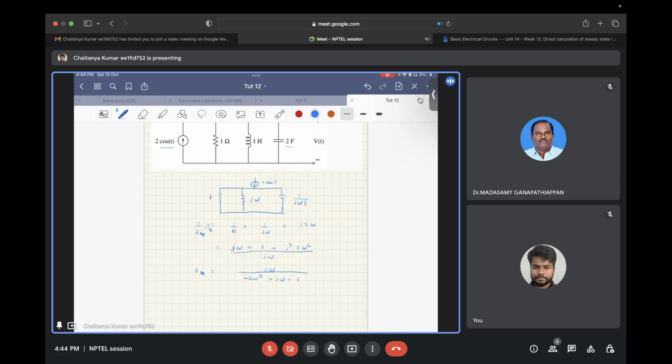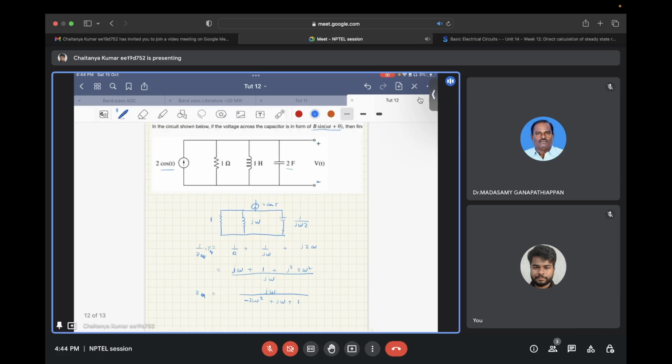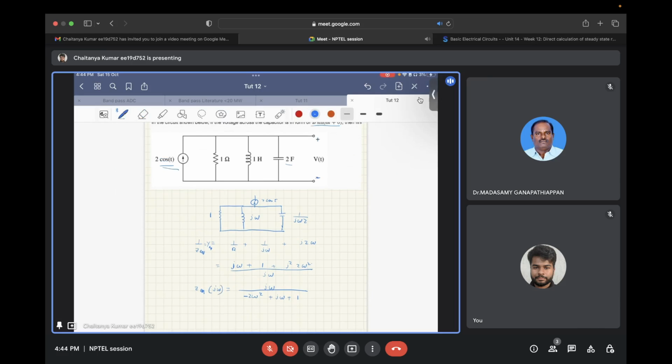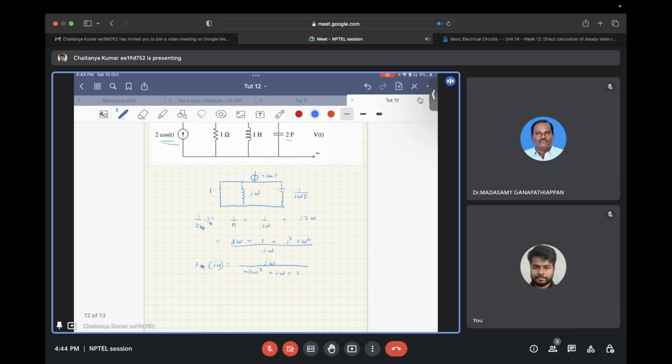So again, the magnitude response. So this z of j omega is basically the transfer function from the input current source to the output voltage, and the magnitude response we have is again, for the numerator the magnitude is omega, and for denominator the square root of sum of squares of real part and imaginary part, so that is 1 minus 2 omega squared whole squared plus omega squared.